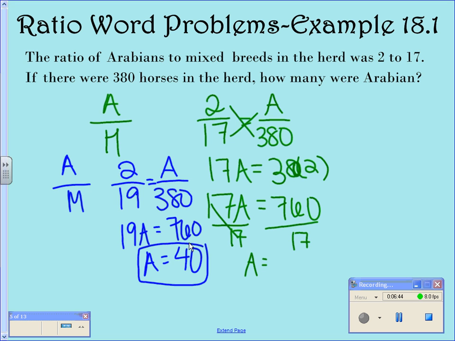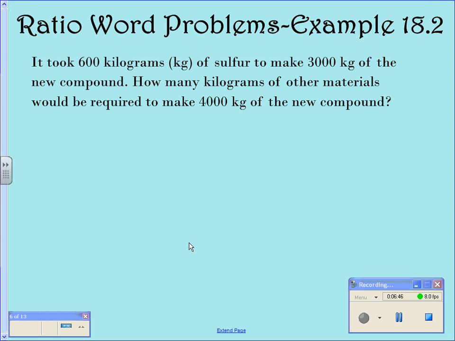All right, let's look at a different one. Dealing with sulfur and a new compound. Science stuff, does it really matter what sulfur is? Do we care what the new compound is? It took 600 kilograms of sulfur to make 3,000 kilograms of the new compound.